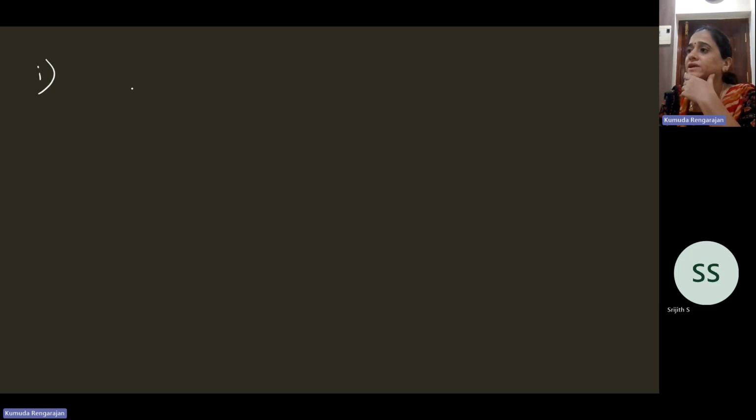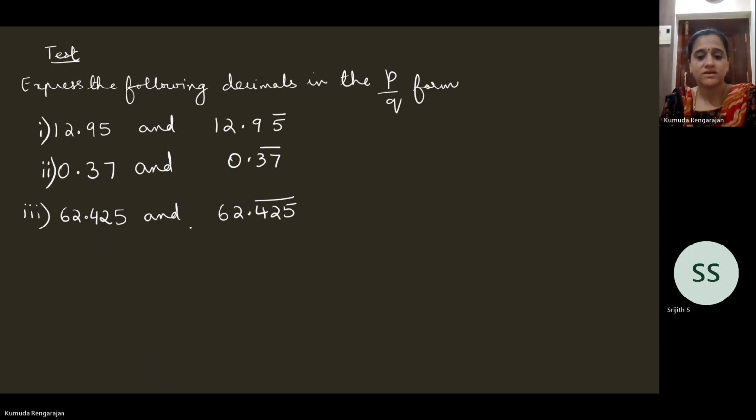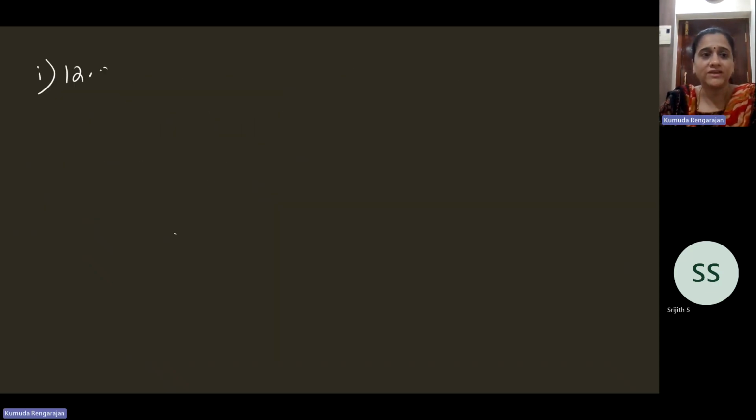Okay, so first, 12.95. 12.95 is equal to 1295 by 100, because after the decimal point there are 2 digits, so 2 zeros.